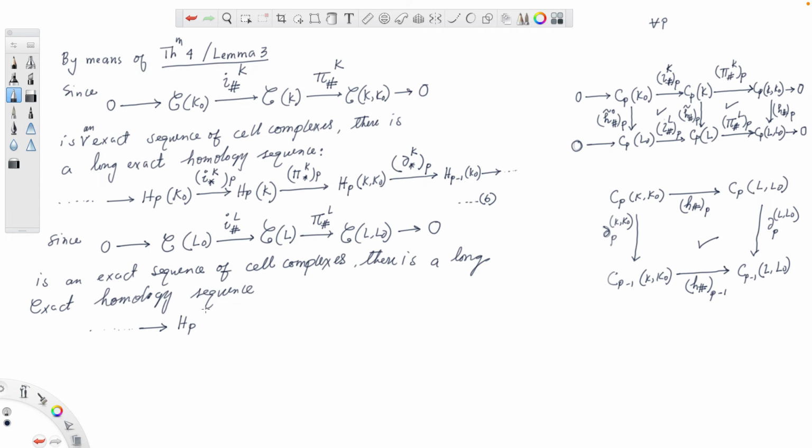So we write the analogous equation of 6 in the context of this simplicial complex L.